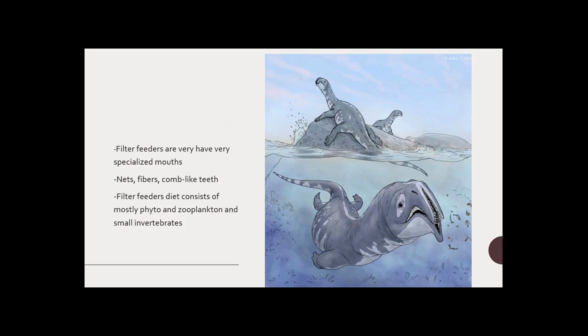And this is a photo of a marine reptile, and I wanted to show you its teeth specifically because of how close they are together and how they're so needle-like. And this specific reptile, the upper jaw here doesn't move. It's actually positioned like that permanently.